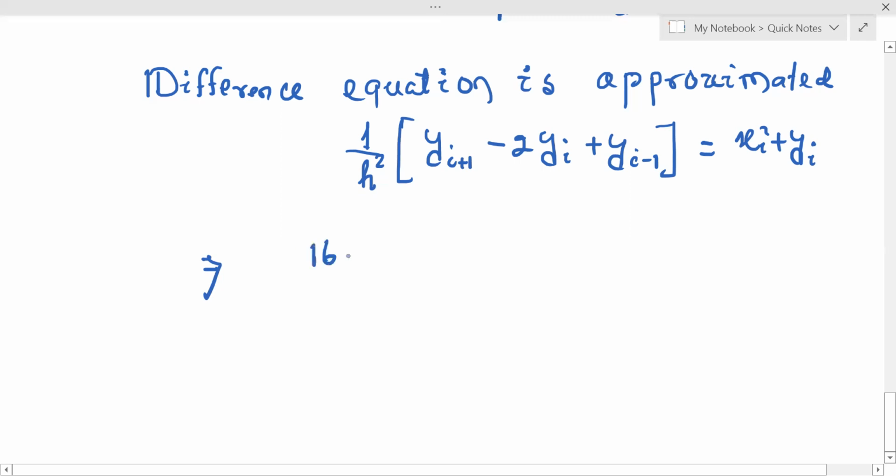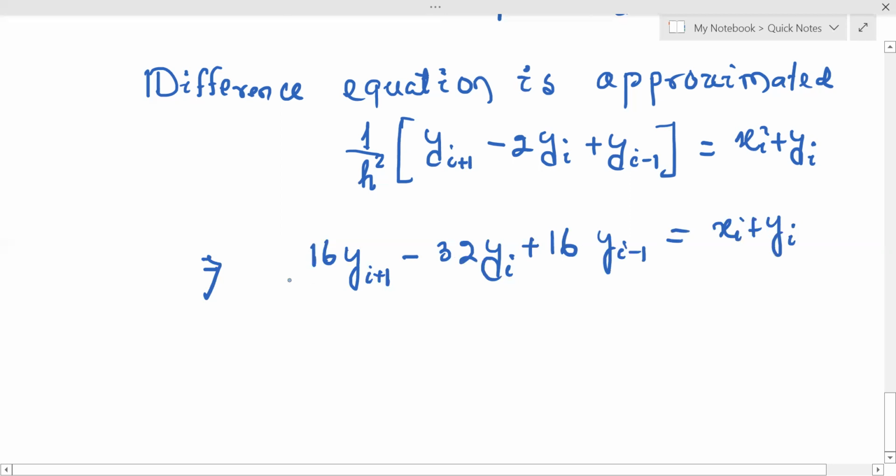That is 16 y(i+1) minus 32 yi plus 16 y(i-1), which is equal to xi plus yi.